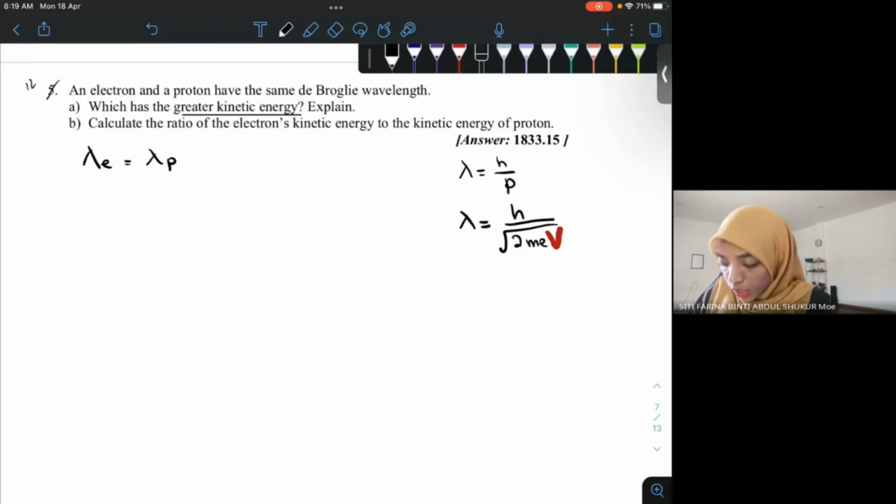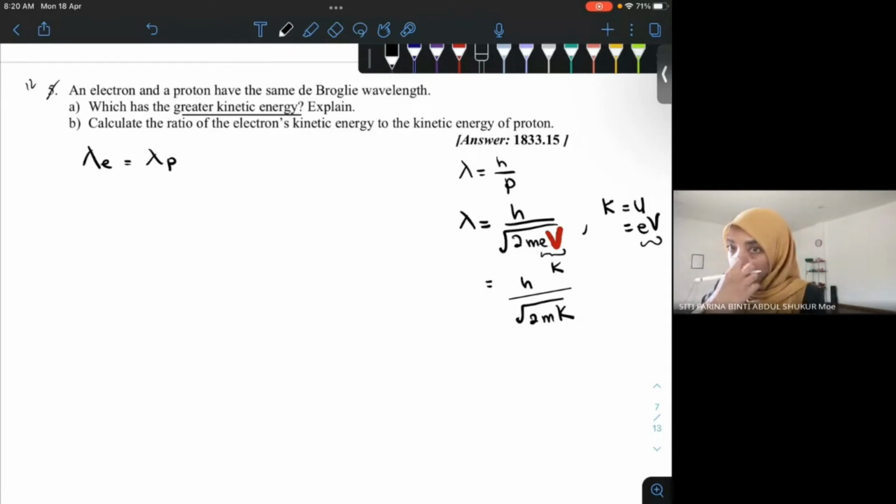Now as you can see, we have deduced that K is equals to U. K akan sama dengan EV, di mana EV adalah potential energy. So you have the term E multiplying with the V here. So this is your kinetic energy basically. So you'll come up with an equation such as H over square root of 2m K, kinetic energy. And this is your lambda.